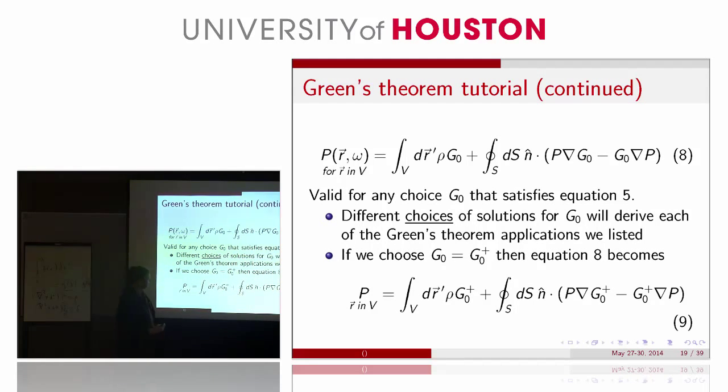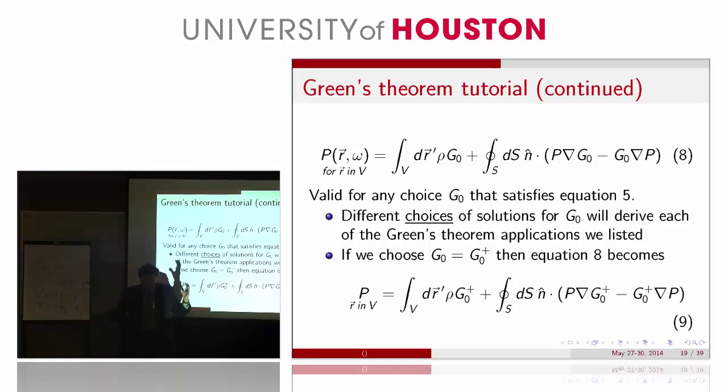Why? Because if you have P, and these values, P and the normal derivative of P, come from actual measurements, in other words, they're actual values of P and the normal derivative, they nail it down. It's like a boundary condition, yes? You're given information about the field. So let me give an instance. Let's say you happen to choose G0 minus, anti-causal.